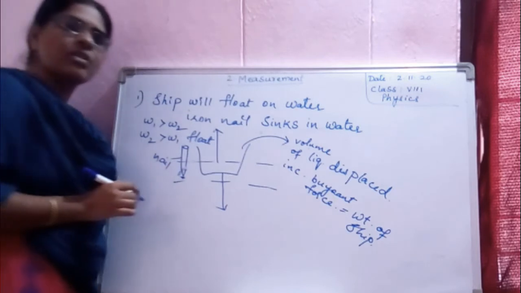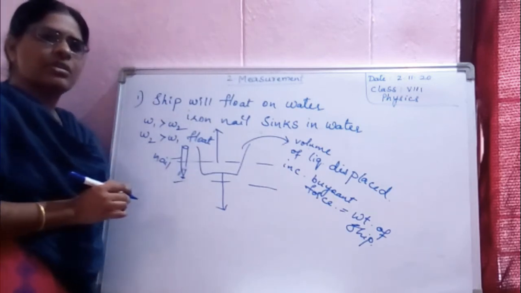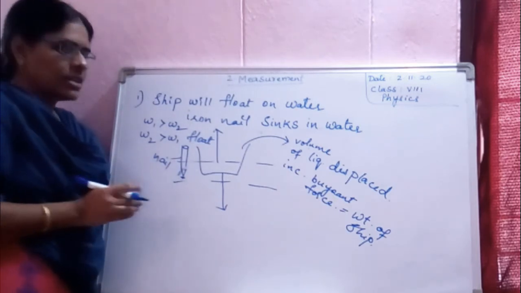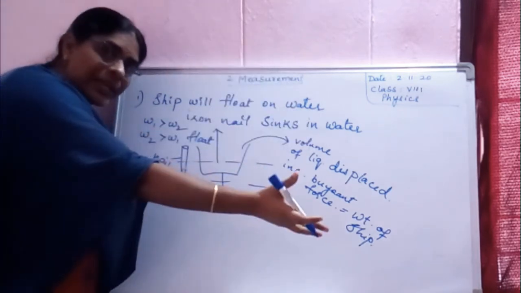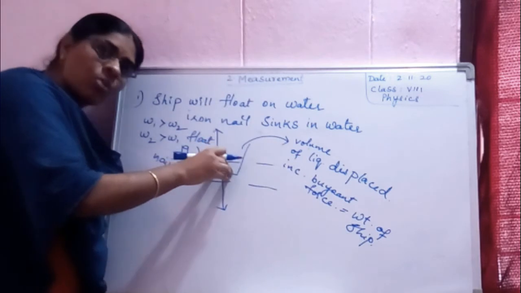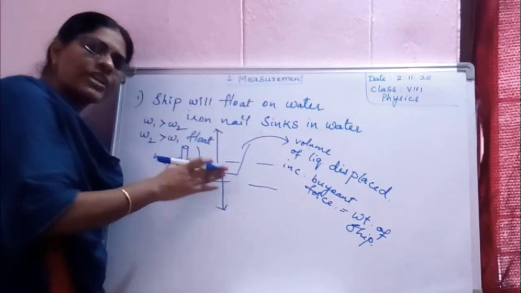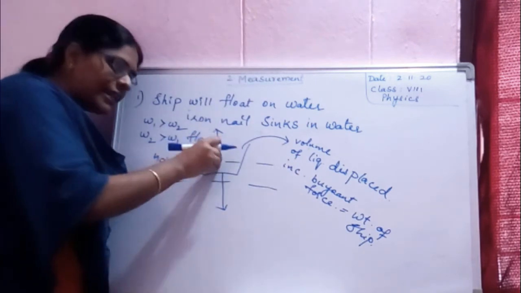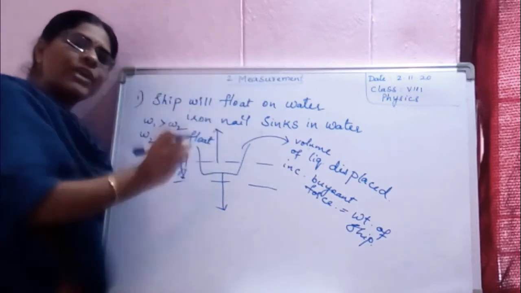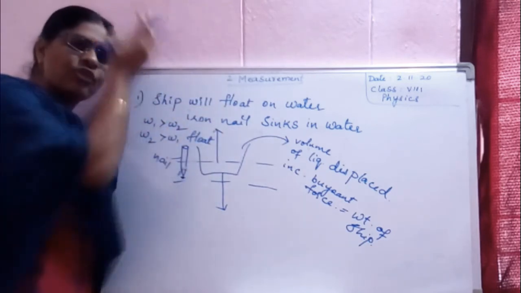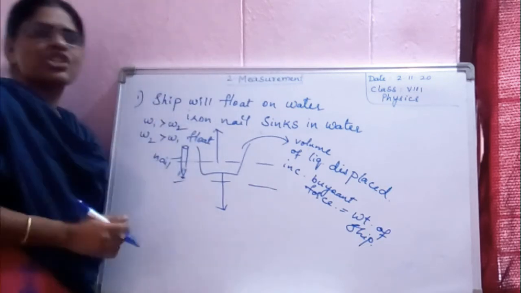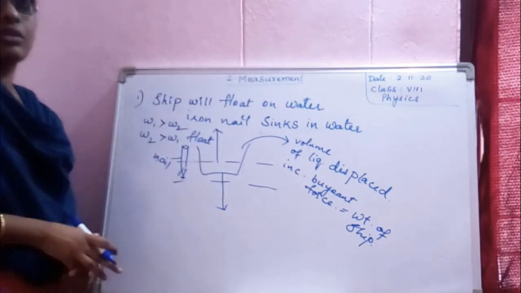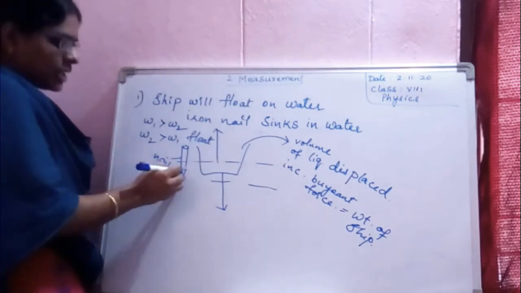It will float. Following, children? As the volume of liquid displaced is more in the case of a ship, it increases your buoyant force, upward force. Hence, what happens? Your ship will float. Now, let us see your nail.